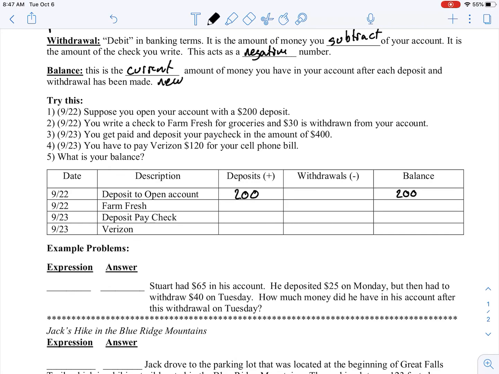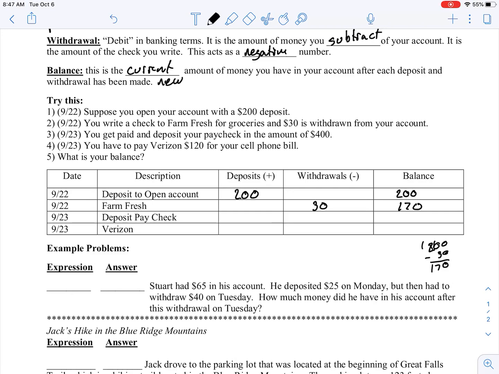So now we are withdrawing or spending or debiting some money here. So we are spending $30, right? And then we're going to figure out how much we have left for our balance. So minus that $30 we spent is going to give us $170 in our account.